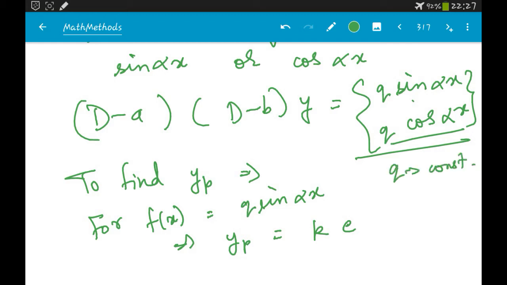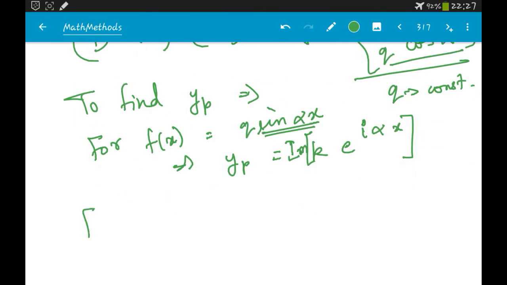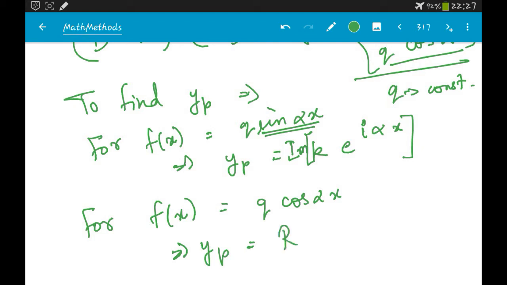Okay. So if this is of this form, then yp will be k into e power i alpha x. Because this is sine alpha x, we take the imaginary part of this equation. And for f of x equal to q cos alpha x, we take yp to be the real part of k e power i alpha x. Okay, so this is what we'll do.